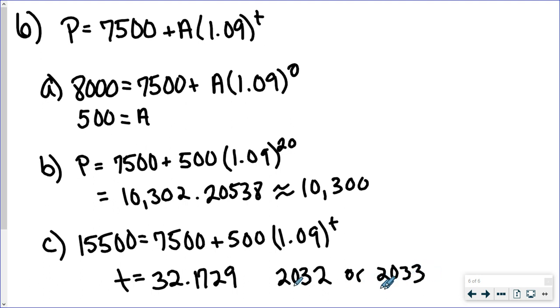Of course, I'm not sure if IB does it the same way that everywhere in the United States does. The United States would say this is 2033. IB may say this. So you may just want to explain your rationale, whichever way that you answer. Like if you say 2033, say if you're more than 32 full years over, you have to be into that 33rd year. If you explain it, they should give it to you.